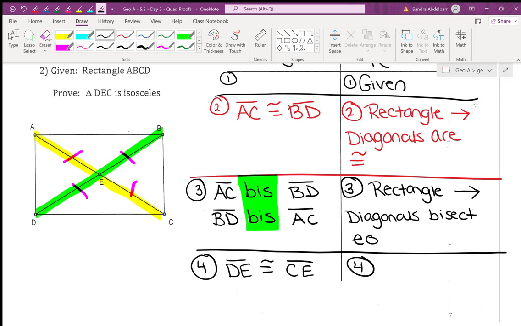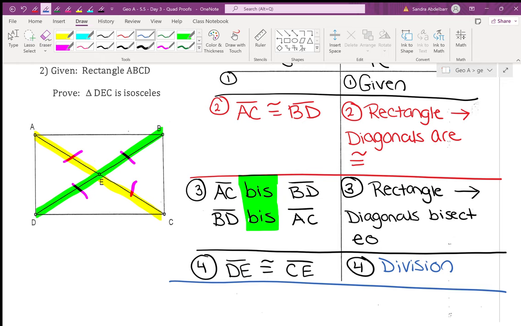Yes. What is that? Division. Could it also be multiplication if it was the other way? Yes, if I gave you the half segments, then we could have gotten the full ones through multiplication.